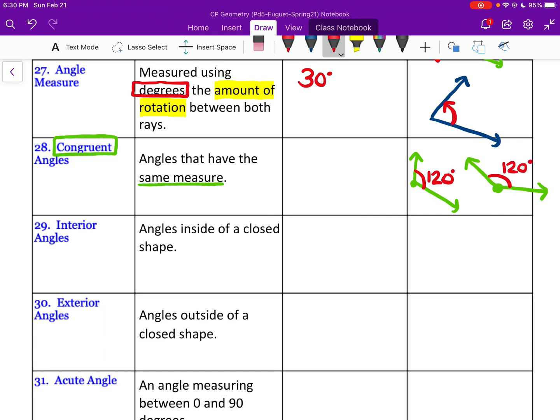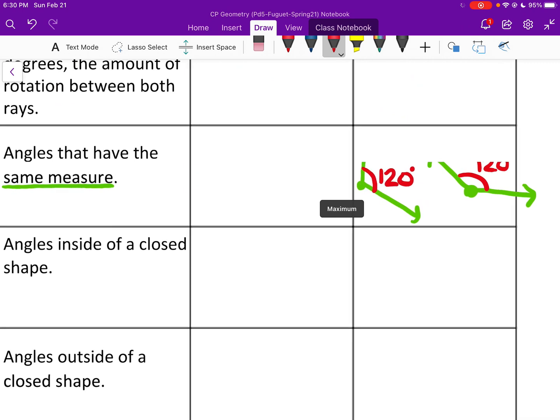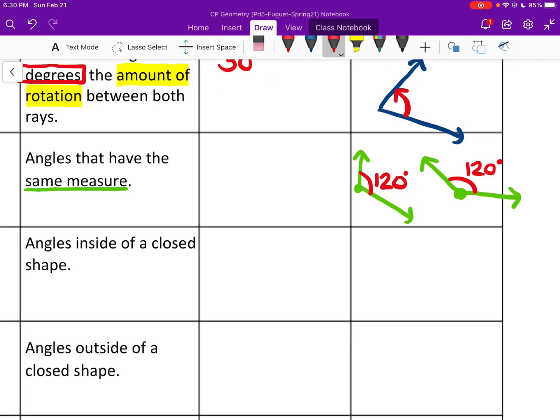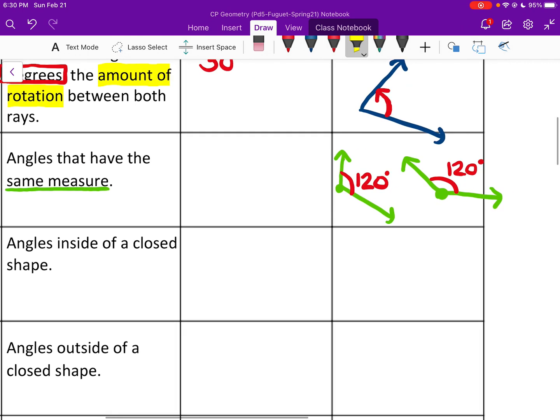This is just hypothetical. Even though you can see that one is kind of oriented up and then one's more on its side, it doesn't matter what their orientation is. As long as these angle measures are the same, we know that these two angles are congruent. So usually you'll see them put a tick mark on that arc to show that those two angles are congruent.